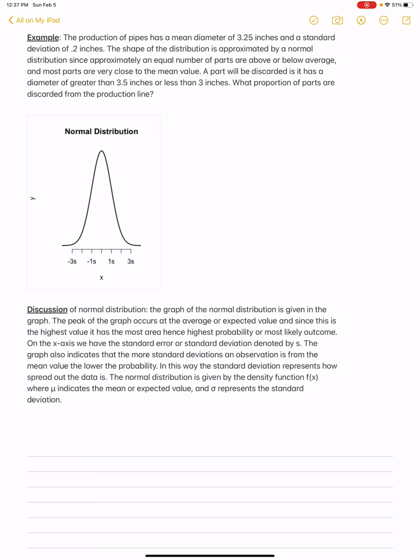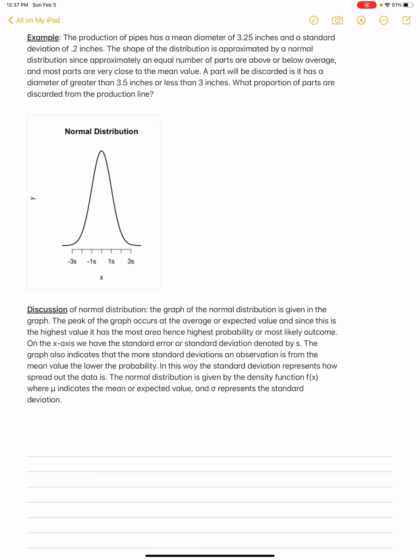On the x-axis we have the standard deviations listed, so one standard deviation above or below, and then 2, that 2 is not marked, and then 3 is. And the standard deviation here is denoted by sigma often.